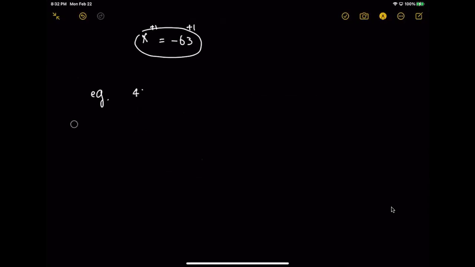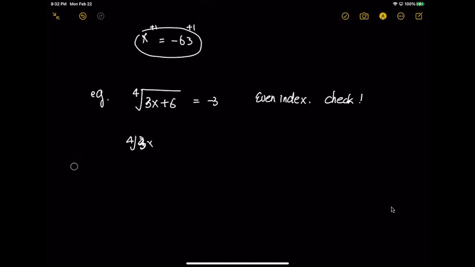Okay, what about fourth root of 3x plus 6 equals -3? Okay, fourth root, even index. We need to check. So the first step is we want to raise both sides to the fourth power. The fourth root and fourth power cancel.